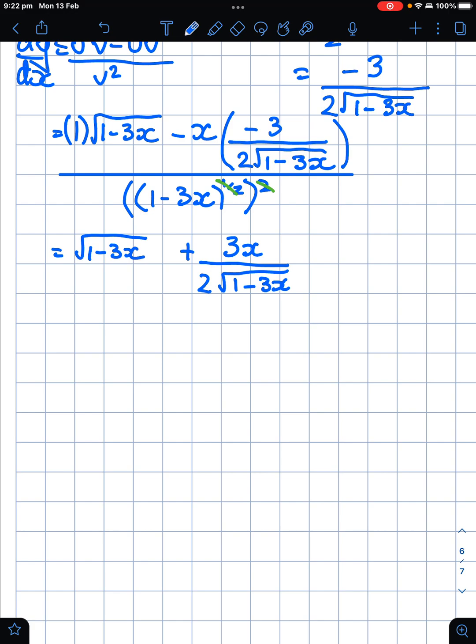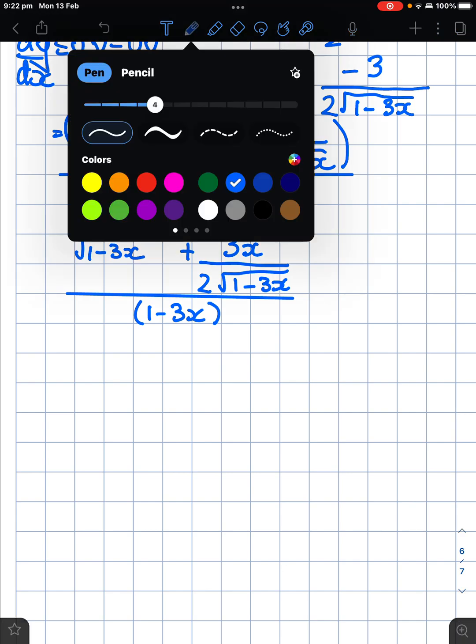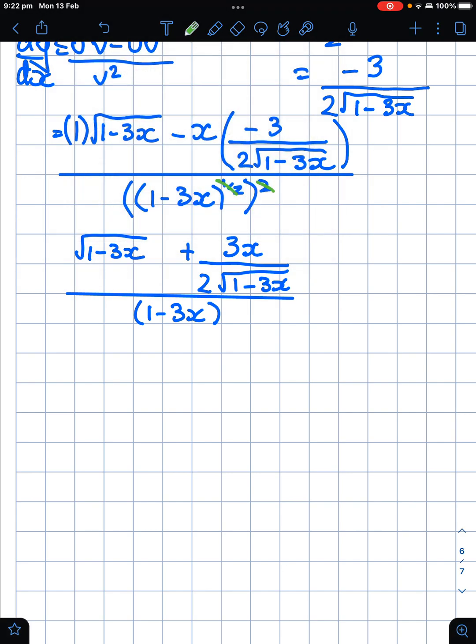Right, now this is all over 1 minus 3x, which I'm going to move in a minute. I'm going to clean this bit up here, this top left bit. I want it to have a common denominator, so I'm going to multiply it by this term here, just to get it all in the same spot.